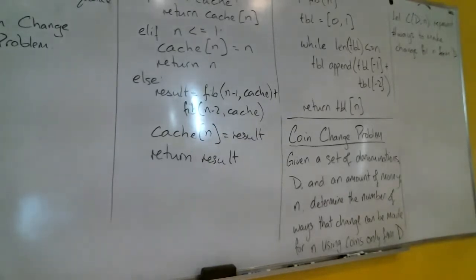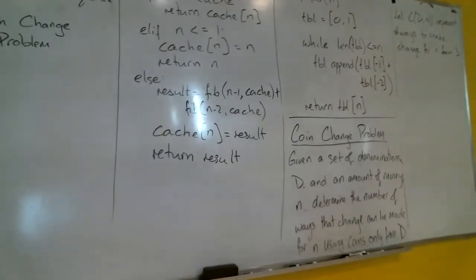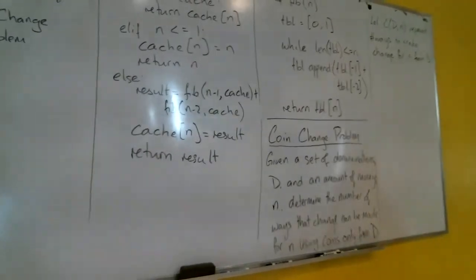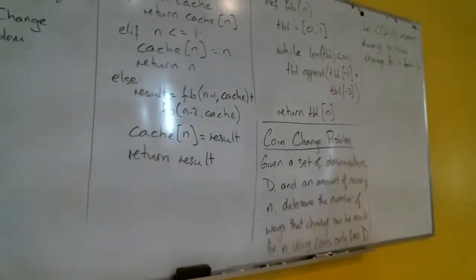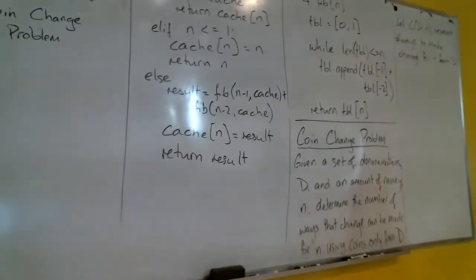All right, so here's the key insight. For each denomination, I can ask, am I going to use it at all or not? So with the example I was giving you, if it was 1, 2, and 5, I can decide, am I going to use the $5 at all or not at all? Agree?